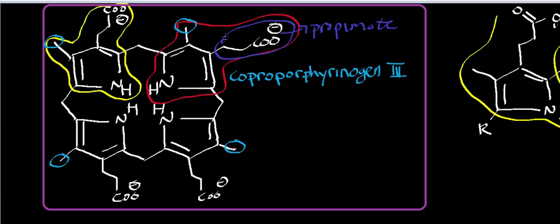Essentially, they're going to be replaced with vinyl groups. If you're curious what a vinyl group is, you have some molecule over here and then it looks like this. This double bond that's now attached to the rest of the molecule is called a vinyl group. And essentially these propionate groups are going to be replaced with those. Okay? Now basically what we're going to do is we're going to use two molecules.